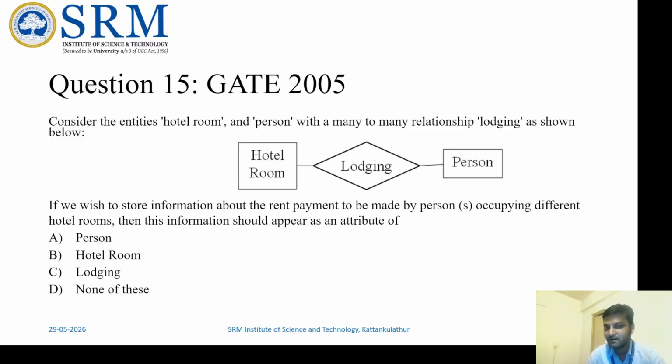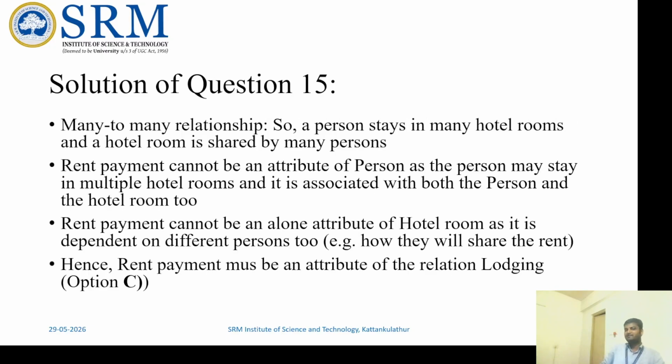Now, whether it is one to one, one to many, or many to many, the cardinality of hotel room and person, the two entities, can be differently treated. That means a hotel room can be shared by many persons. A person can stay in different hotel rooms. As per my explanation here, this is the thing.